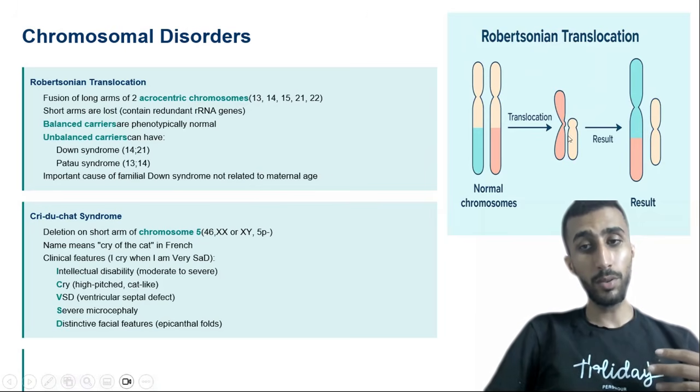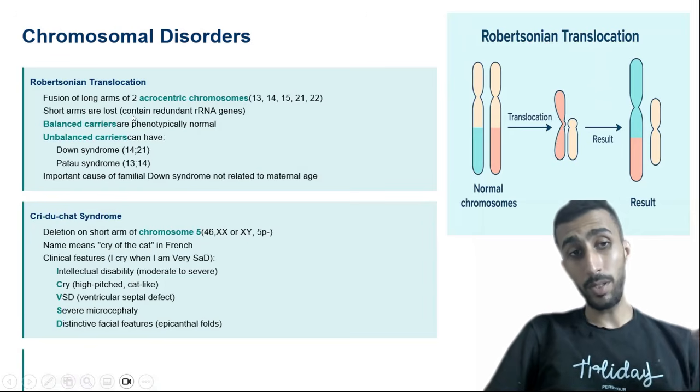So if we get a translocation, we will have one chromosome that has the two long arms. So this is a long arm, and this is another long arm. So this is the chromosome that is having both long arms. And there is something called balanced carriers and unbalanced carriers. The balanced carriers are phenotypically normal, but if these cells that have Robertsonian translocation go into meiosis, they may produce unbalanced carriers.